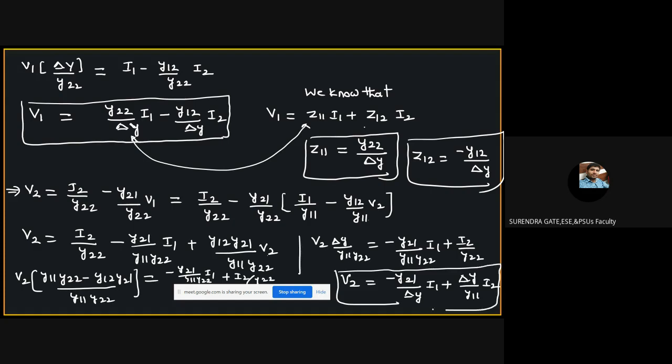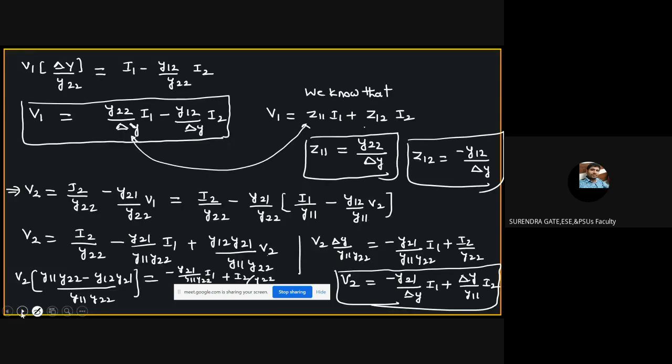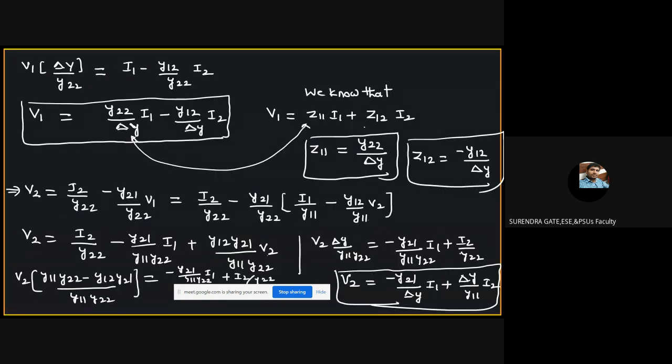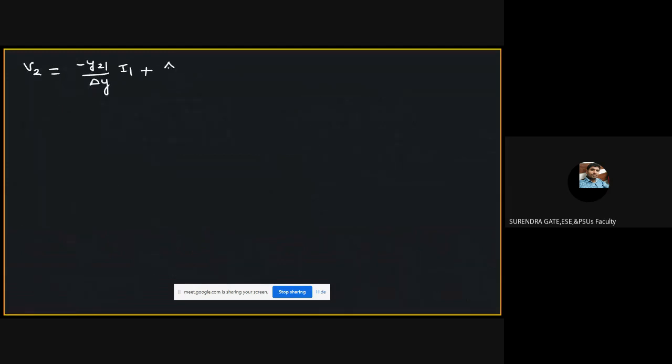Clear, friends? Now you compare what V2 I am getting. V2 equal to minus Y21 by delta Y into I1 plus delta Y by Y11 into I2. I am just giving students an idea of how to convert from one parameter to another parameter. Then we know that V2 equal to Z21 I1 plus Z22 I2.